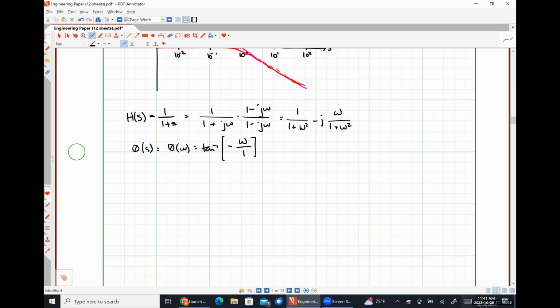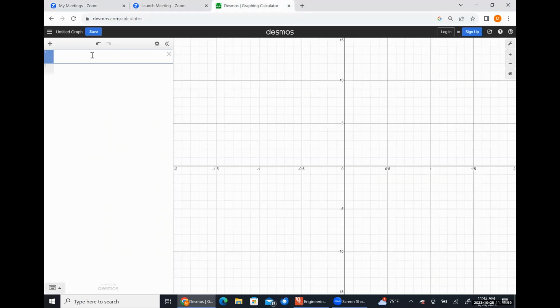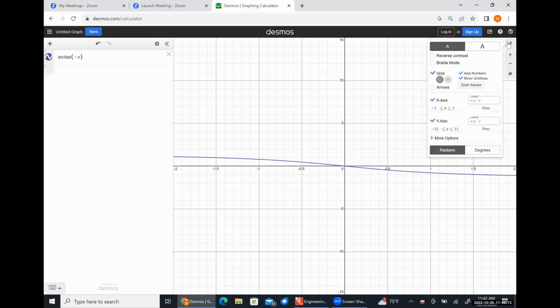because I can't do an arc tangent to save my life by myself, I have Desmos up. So if I do, let's see, arctan of negative x. Now I'm going to go over here to my settings. I need to get this zoom thing out of the way.